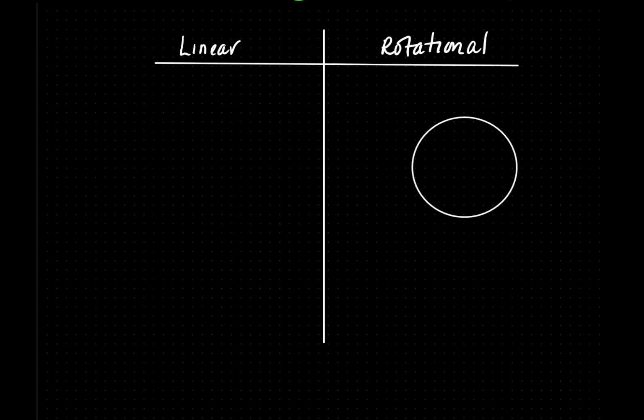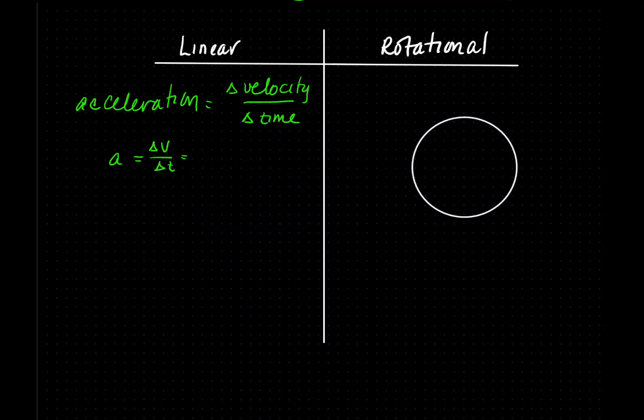In linear motion, we said objects can speed up or slow down. When they speed up or slow down, they have acceleration. We defined acceleration as the change in velocity over the change in time, which is rewritten as a for acceleration equals change in v over change in t, which is v final minus v initial over t final minus t initial.